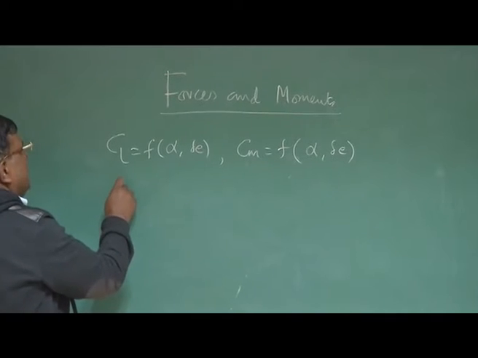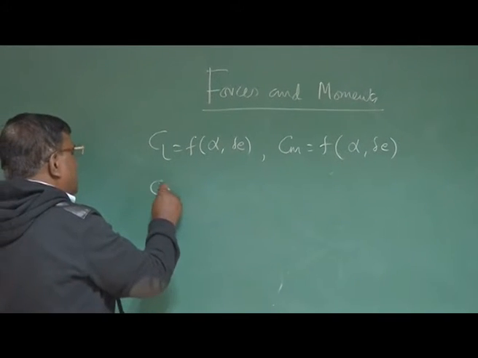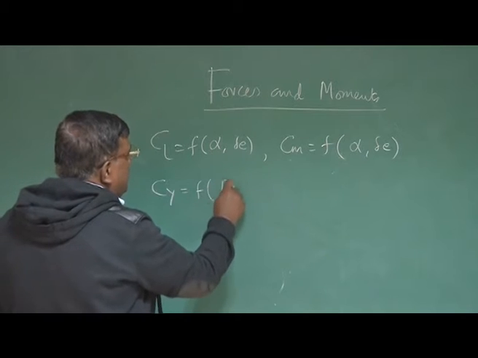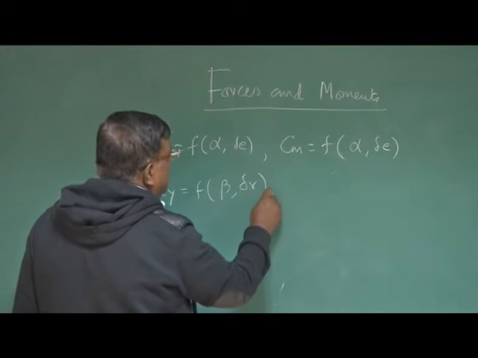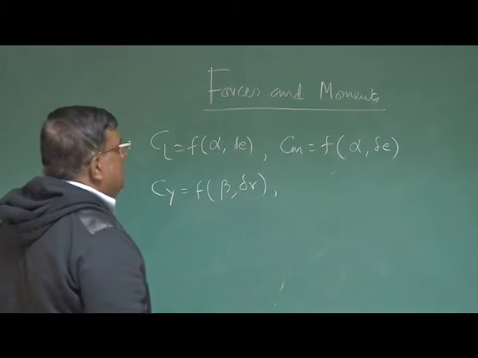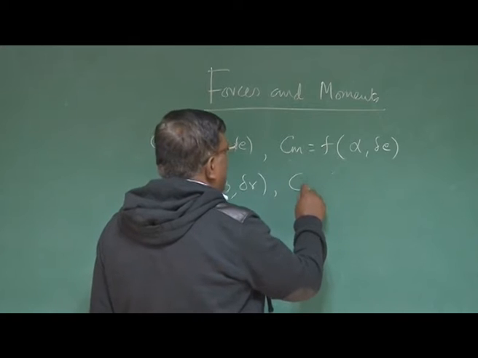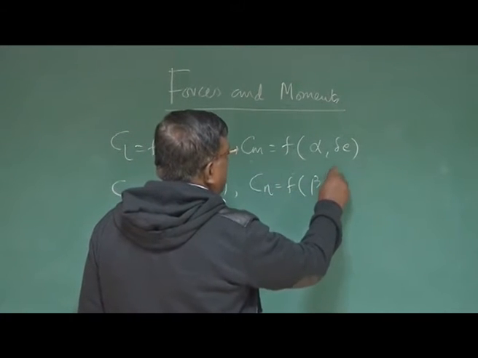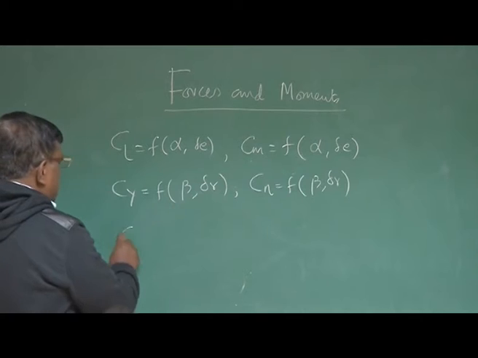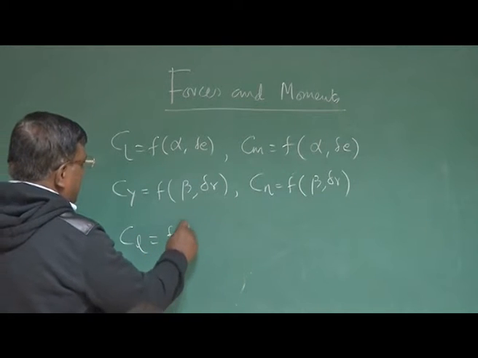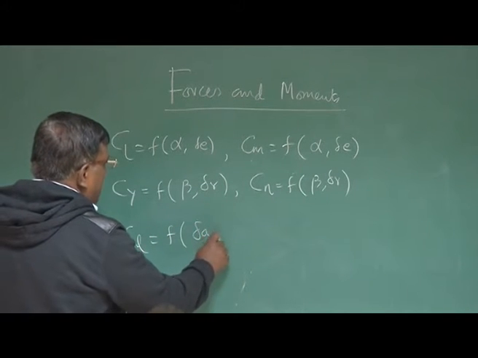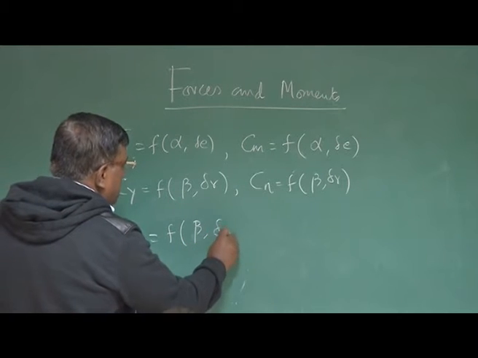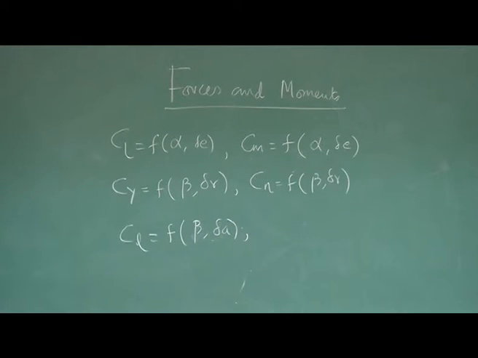Let's say when I come to Cy, the side force coefficient, again it is a function of beta and delta R, and Cn was also a function of beta and delta R, and Cl, the rolling moment coefficient, was a function of beta and delta A. Let me explain this.